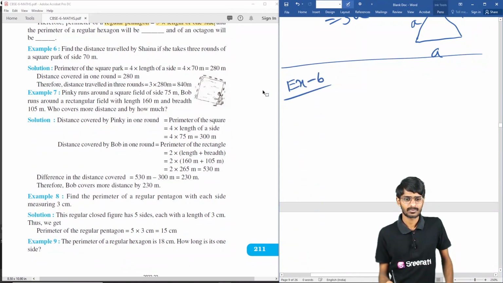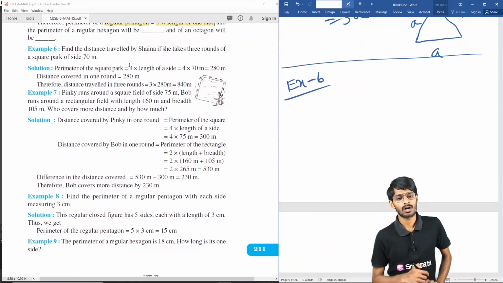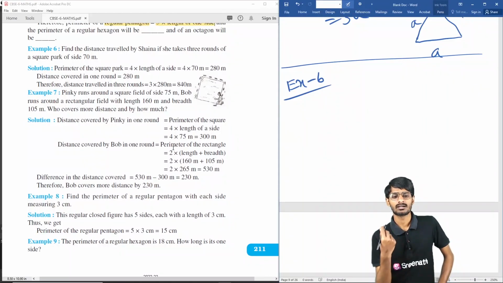Example 6. Find the distance traveled by Shaina if she takes 3 rounds of a square park of side 70 meters. So Shaina has walked around the square park.